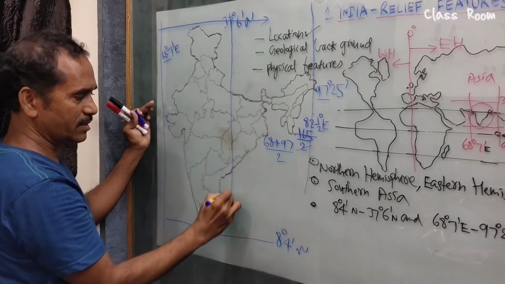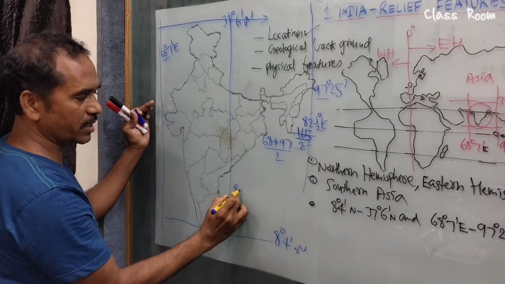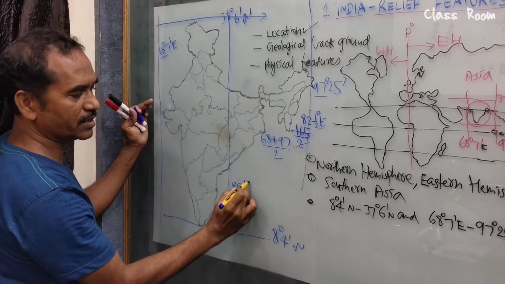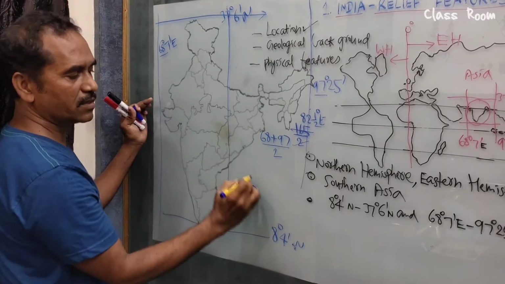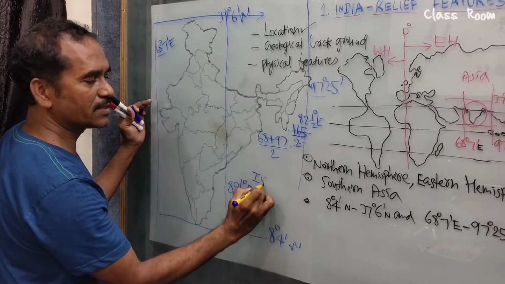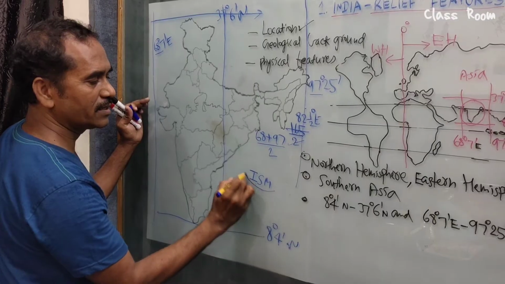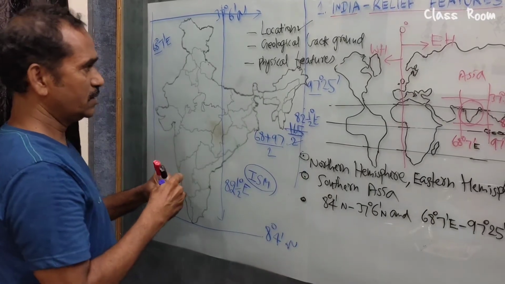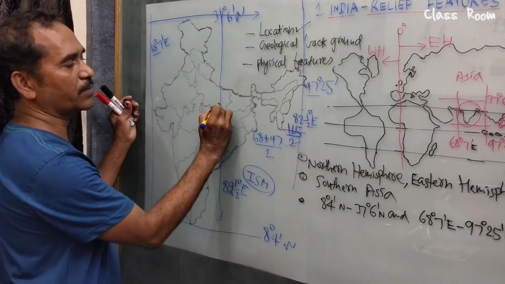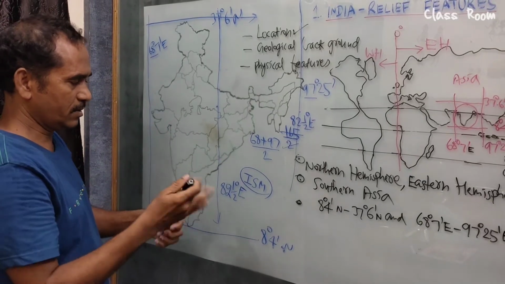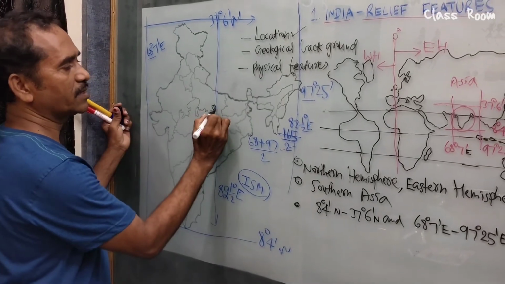See, this is the longitude, 82 and a half degree east longitude. It is known as Indian Standard Meridian or Indian Standard Time. It is passing through Allahabad here in Uttar Pradesh. Now let's mark once again. So this is Allahabad.